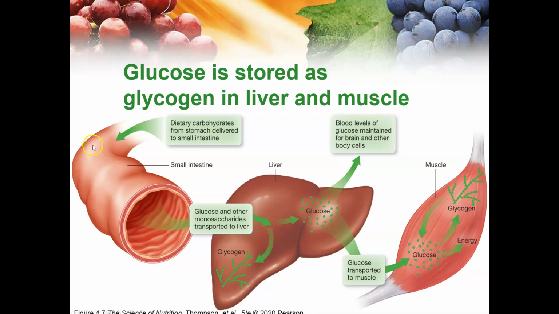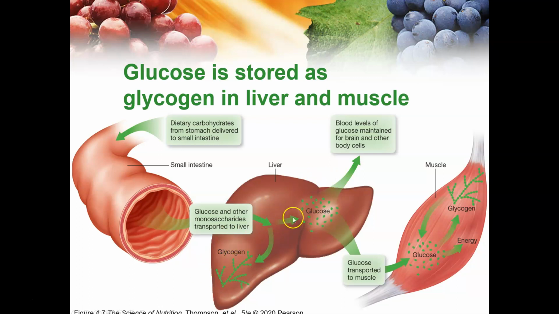So again, we've talked in detail about how the dietary carbohydrates are completely broken down into monosaccharides, and then they're absorbed by the cells that line the small intestine. They travel to the liver via the portal vein, and once the glucose gets there, the liver will take these glucoses and make glycogen. So you can see that looks a lot like amylopectin.